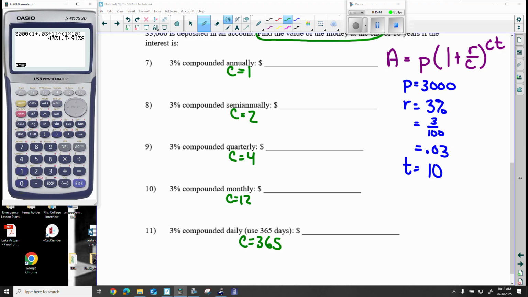All right, so the first one is 4,031.75. Now, for the next equation, everything is 100% the same, except for that C that was a 1 is now going to be a 2.